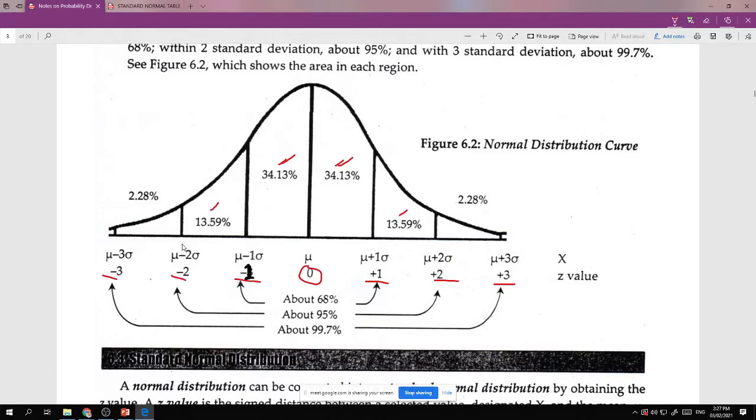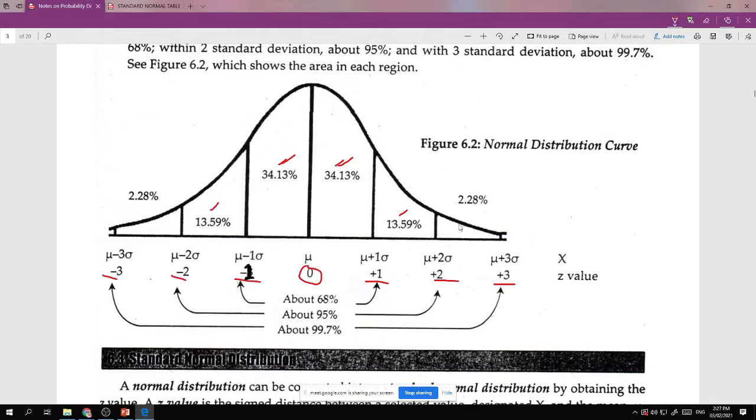That's the area from negative 2 to positive 2, about 95%. If I'm going to have negative 3 to positive 3, it's 99.7%. It's approximately 100%.